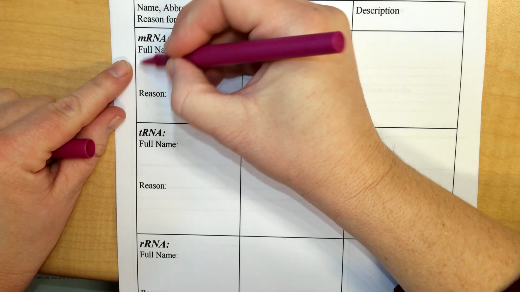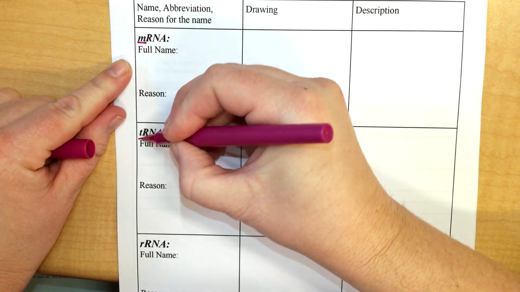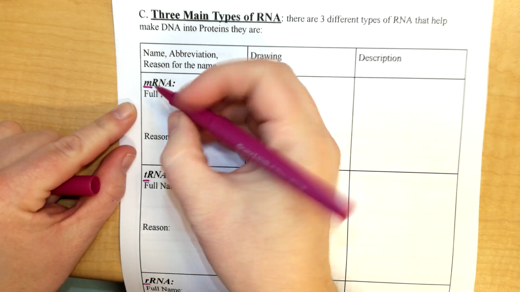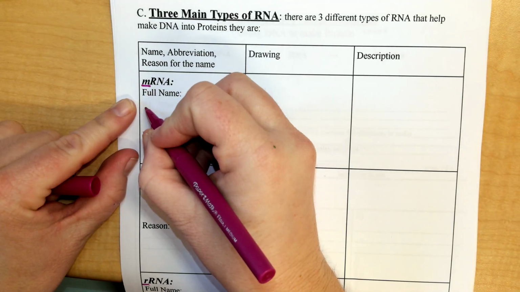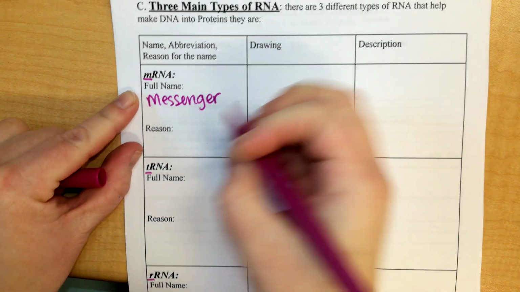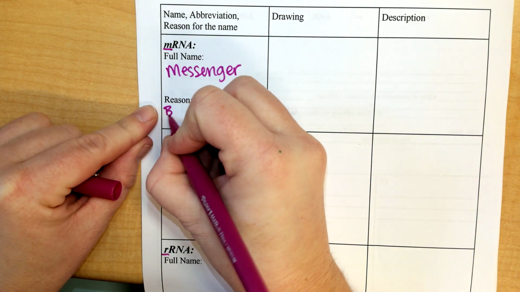Okay, I'm just going to give you guys the full names first. mRNA, tRNA, and rRNA are the 3 types of RNA. And the first one, M, stands for messenger, because it brings the message.